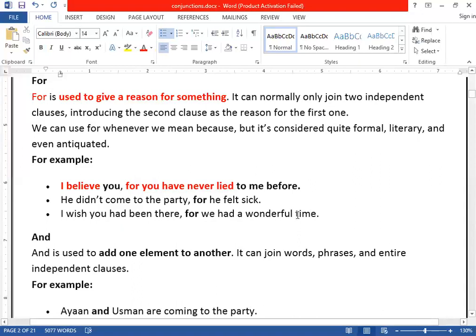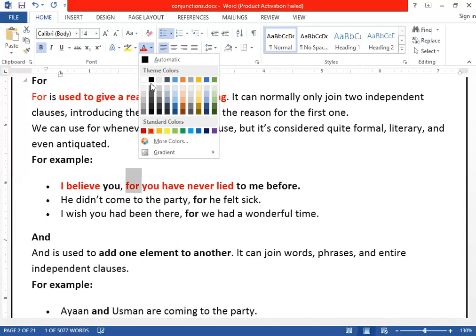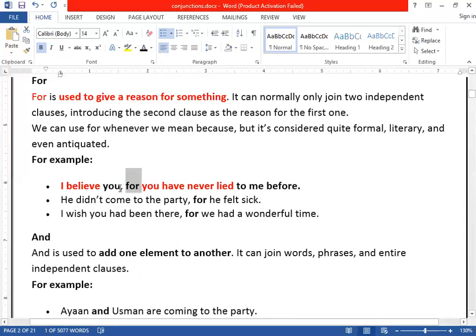I believe you, independent clause. And FOR is a conjunction, used to give a reason. Clear? Remember that before coordinating conjunctions, we use a comma. Can you see this comma? We use a comma before coordinating conjunctions. Before a preposition, we don't use it.